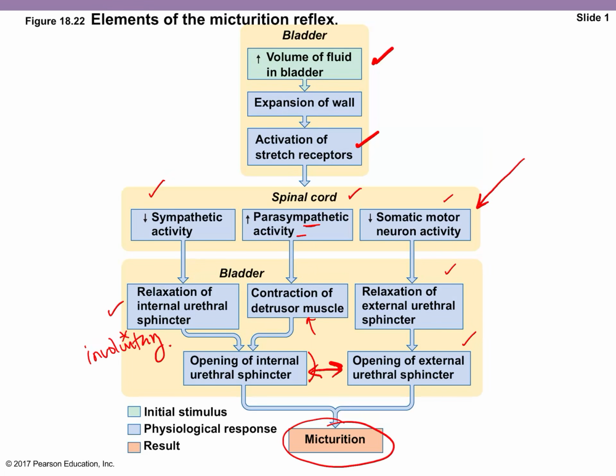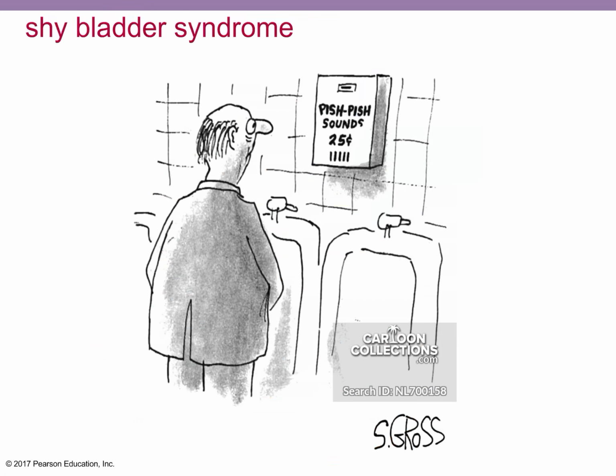So when you go to the bathroom, you have to be in a state of relaxation, at least at this reflex level, because you have to increase parasympathetic activity and decrease your sympathetic activity. And then you have to be relaxed enough that your motor neurons relax your external urethral sphincter. If something goes wrong in this reflex, you literally can't go to the bathroom, and this is called shy bladder syndrome or paruresis.